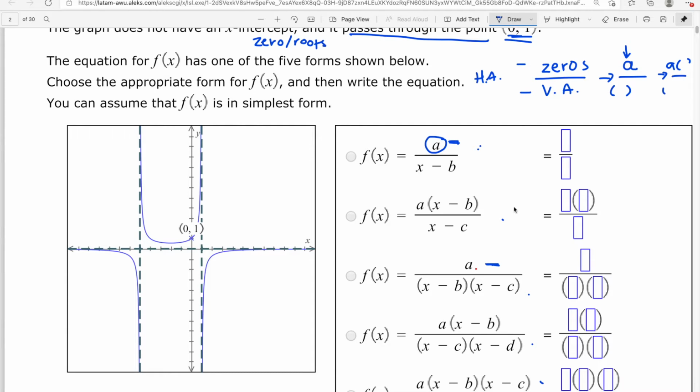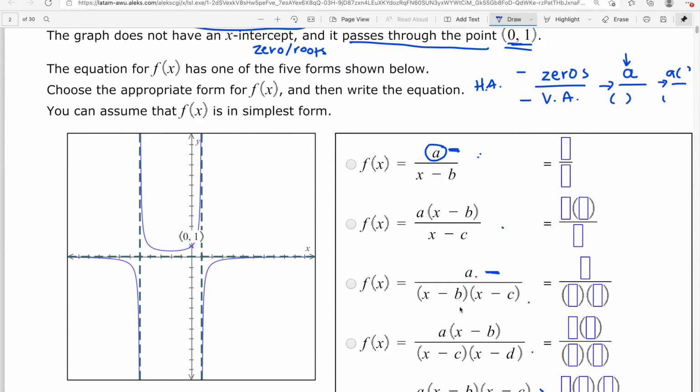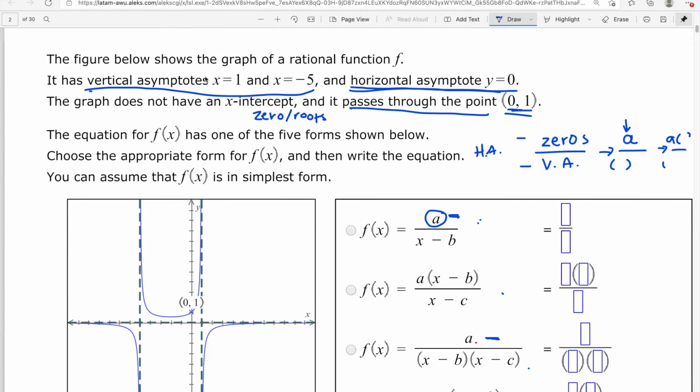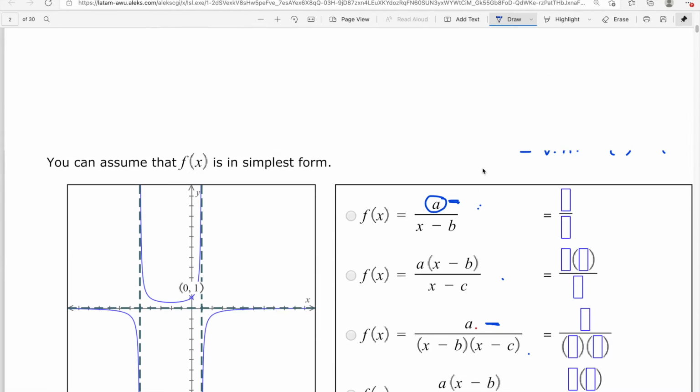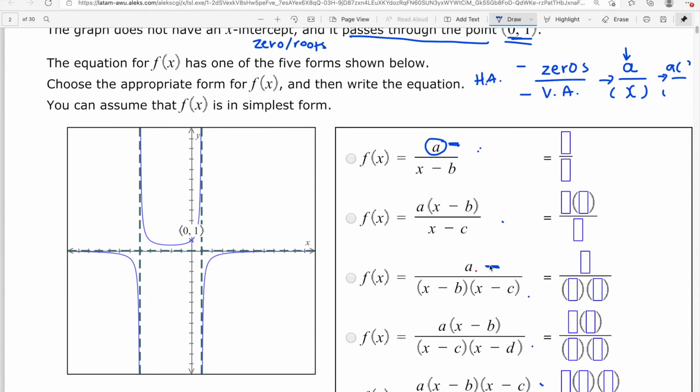Now we have narrowed the answer to two options. How can we know what to put underneath? It's easy. We see how many vertical asymptotes we're given. We're given 2, so it's gonna be 2 parentheses. So it's gonna be this one.